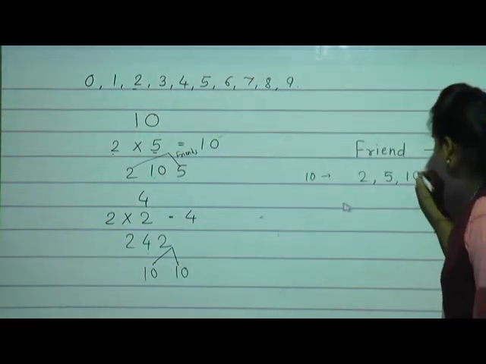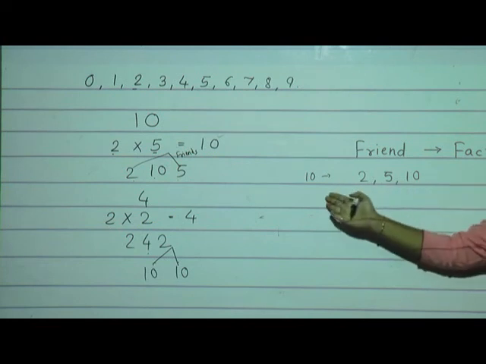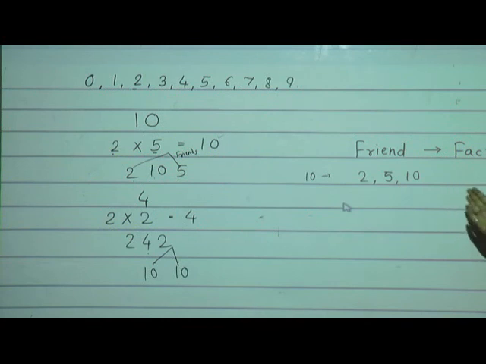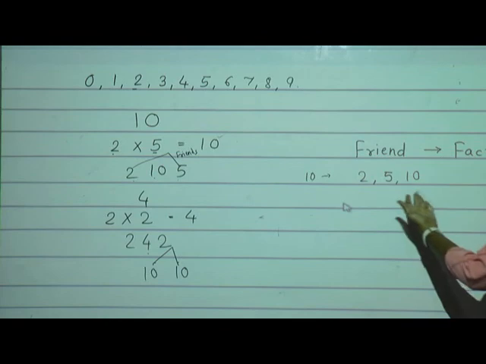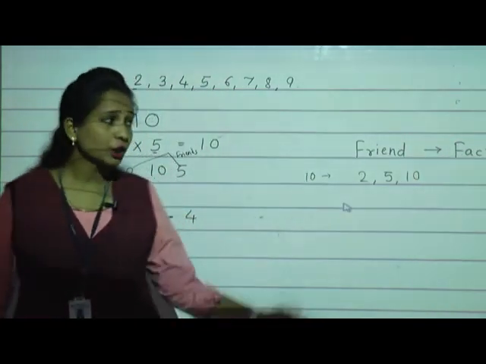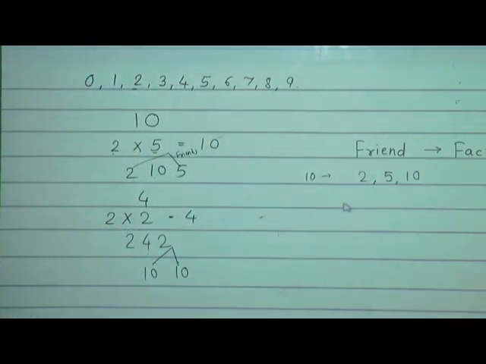So the factors of 10 are 2, 5 and 10. These numbers are factors of 10.